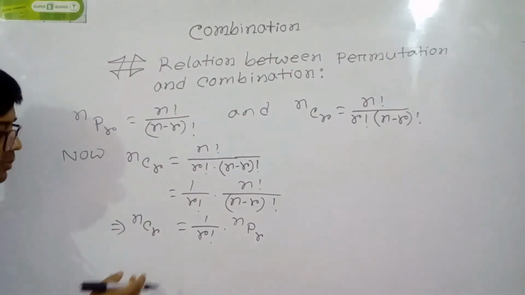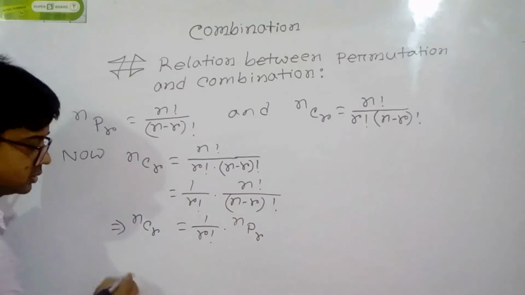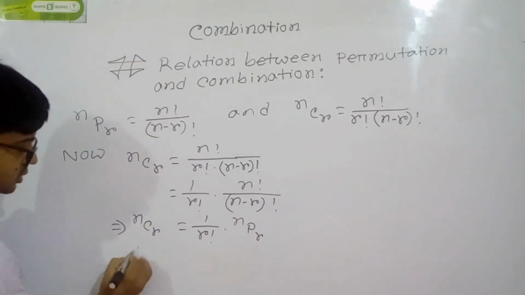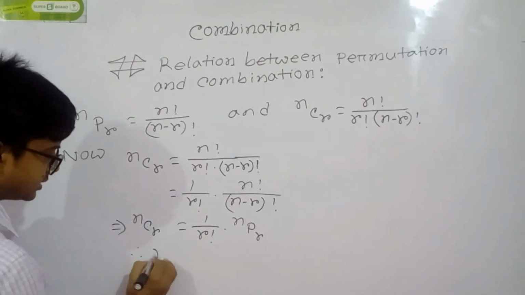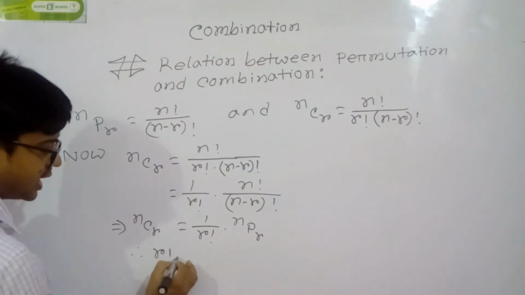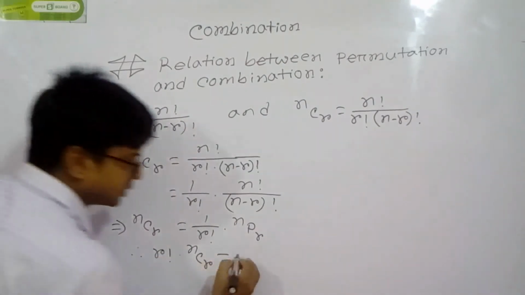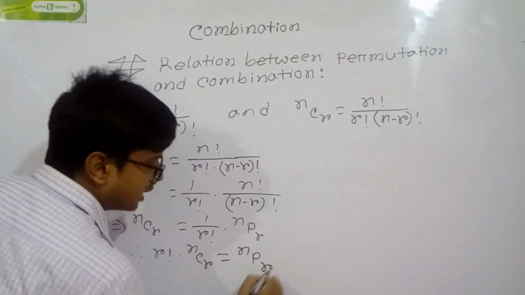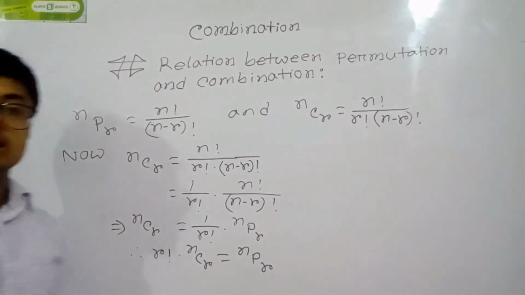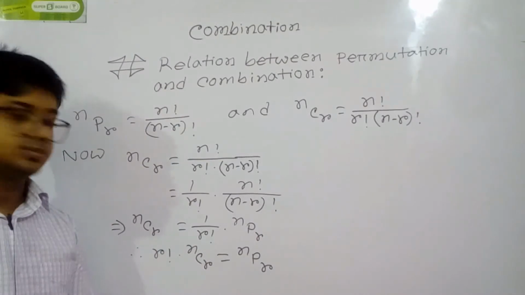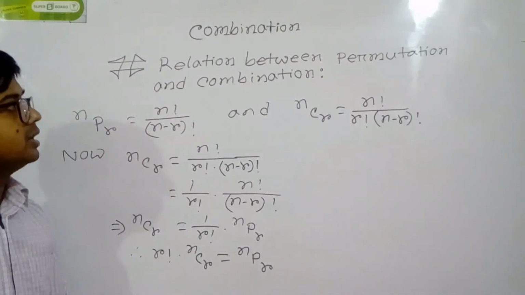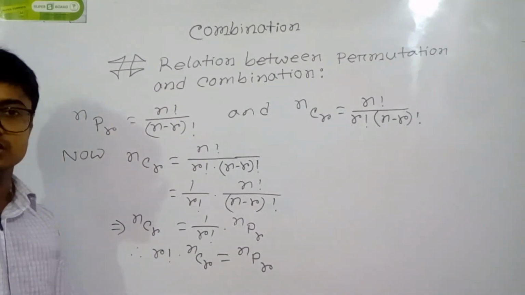Now we can apply the cross multiplication method. So here we can write factorial r into nCr equals nPr, which is the required relation between permutation and combination.